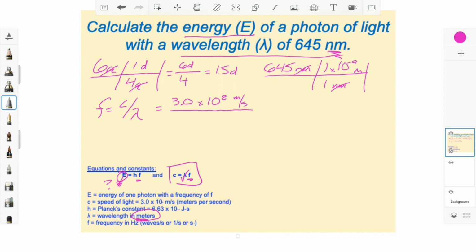And so ultimately, when I complete that calculation of multiplying across the top and dividing by the bottom, I will finally arrive at 6.45 times 10 to the negative 7, and we are now in meters.